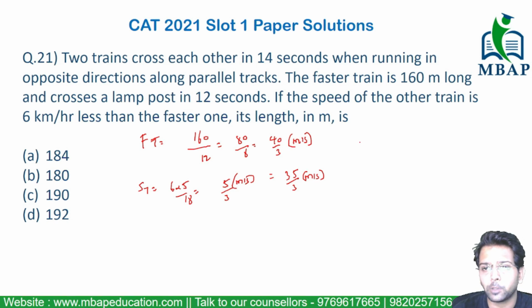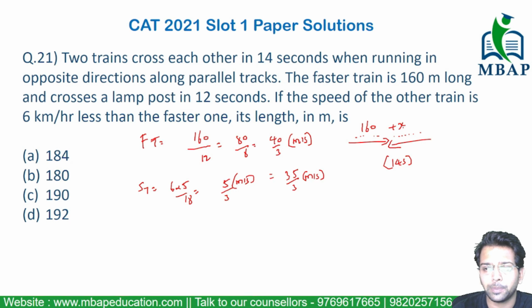Now they are saying they are able to cross each other in 14 seconds. When they are crossing each other, I repeat, they are actually crossing their overall length. The length of the faster train has been given as 160.